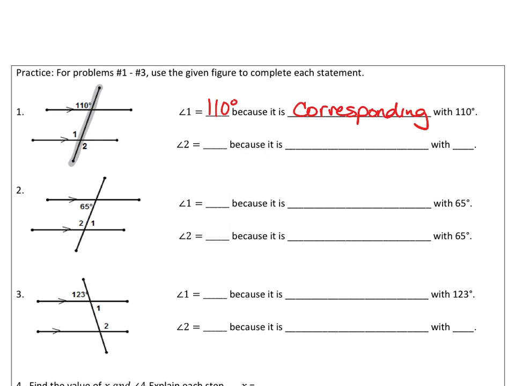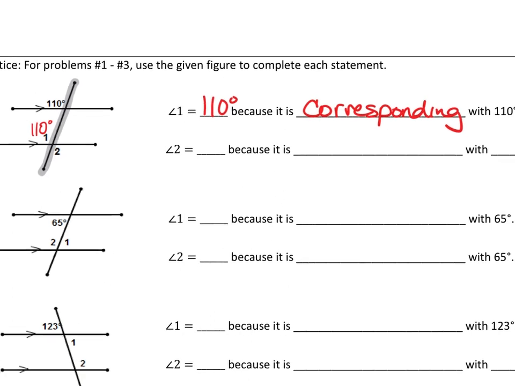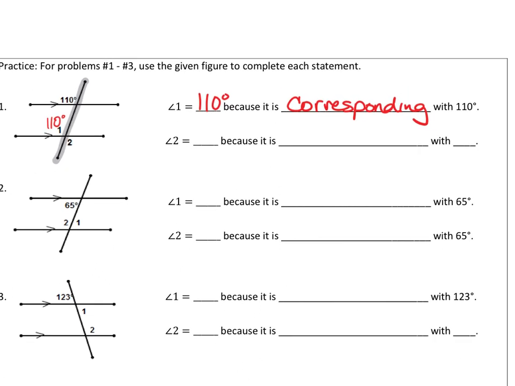Now I like to fill in my numbers as I go, so we know that angle 1 is 110 degrees. Wow, I cannot get that degree symbol to look right. Let me try it. I have to zoom in because those numbers are so small. We also now want to know what the measure of angle 2 is. Is there a relationship between angle 1 and angle 2? What's it called? They're kind of in the same quadrant, so we're using the stuff from the top row.